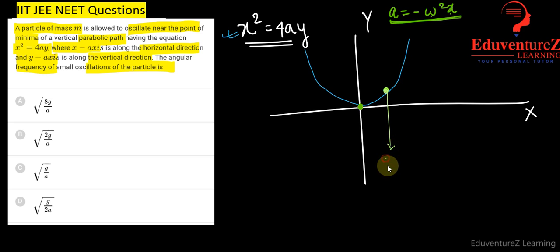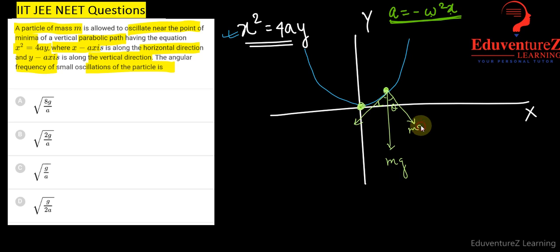The weight of the particle is acting downward, and we take its component along the mean position. If this angle with the x-axis is theta, then the other angle is 90 minus theta, and it becomes theta.